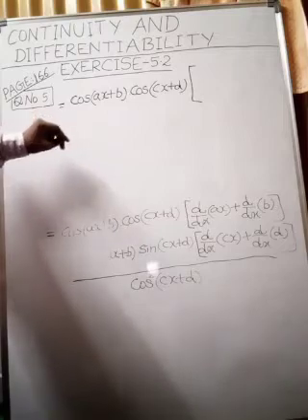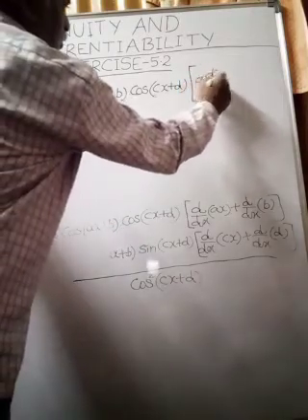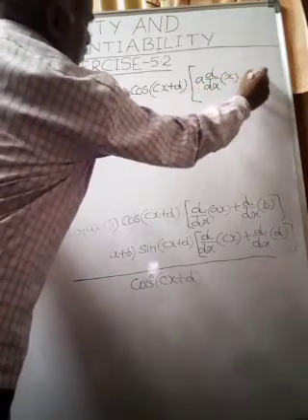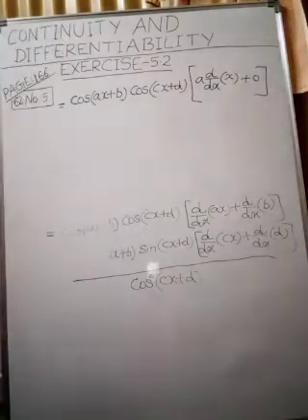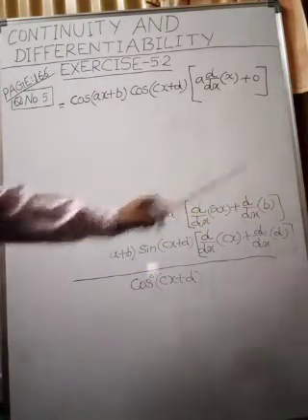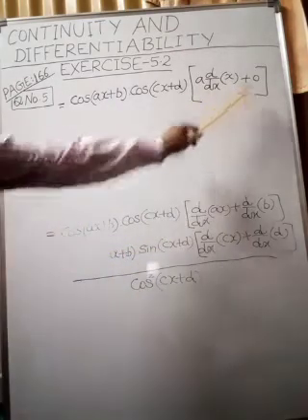Here a is a numerical coefficient, so we can write a into d by dx of x plus here d by dx of b. It is a constant. D by dx of any constant function is 0. Understood this part, my dear children?